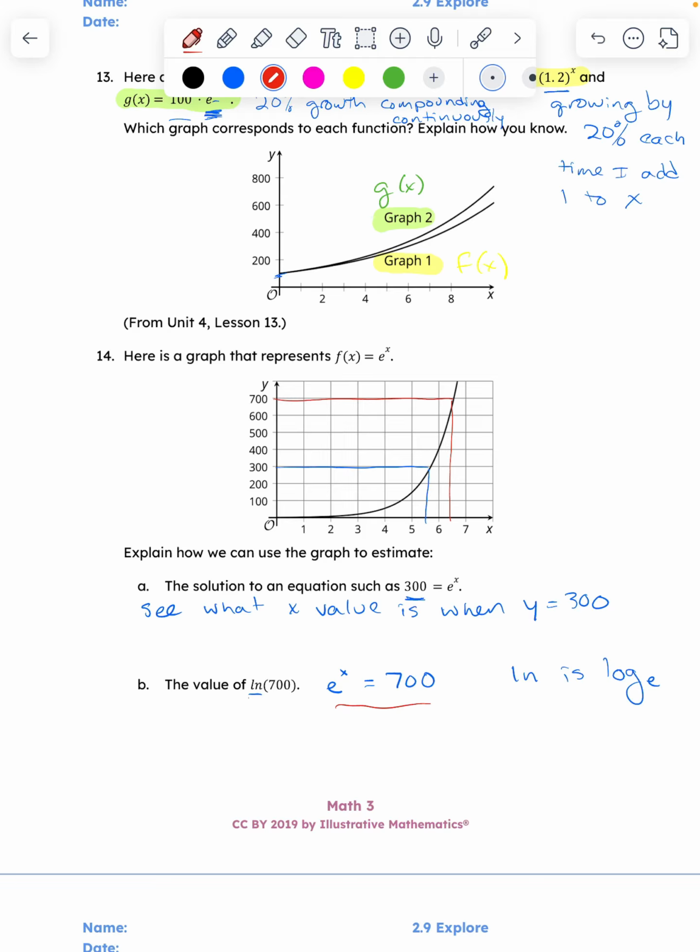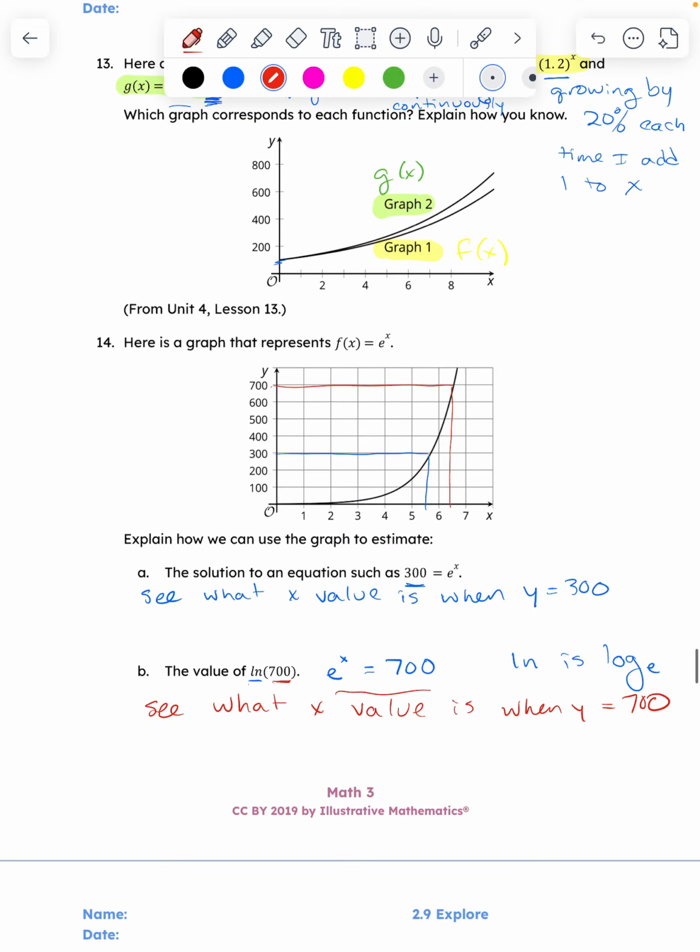So that means if I have an x input into my ln function, like the 700, I can read that as a y input into the e to the x function. So I just say, oh, ln of 700, find 700 on my y, see where my x is. Same deal. So I can see what the x value is when y equals 700. Easy peasy. And do we need to actually estimate these? No, because we are asked how we can use the graph to estimate them.